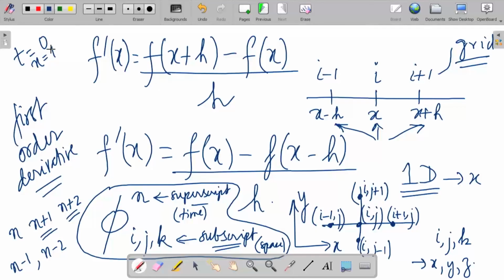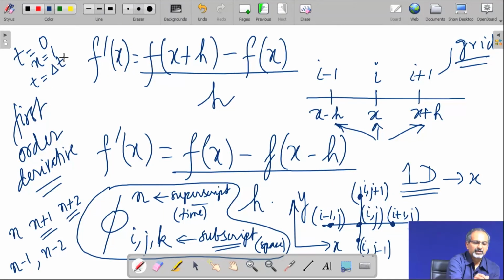In that case, t equal to 0 may be marked as n equal to 1, and then when we move to the next time instant, which is a small time away, then that could become n equal to 2 and so on. So, like we can march in space, we can also march in time, and in many problems of fluid mechanics, these marchings would have to be taken up simultaneously.